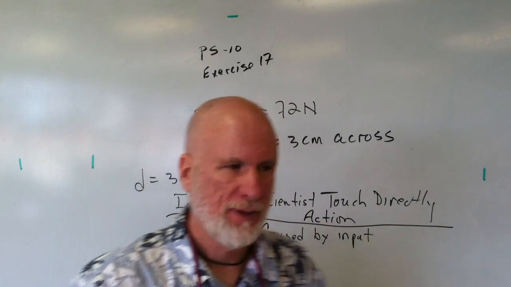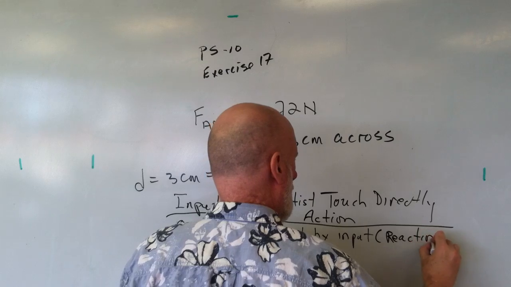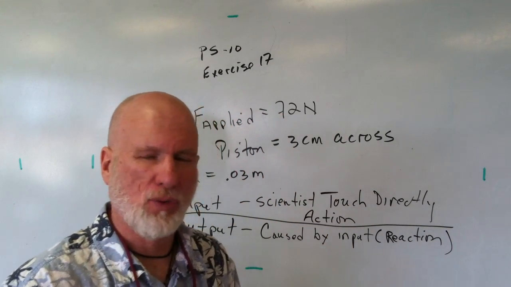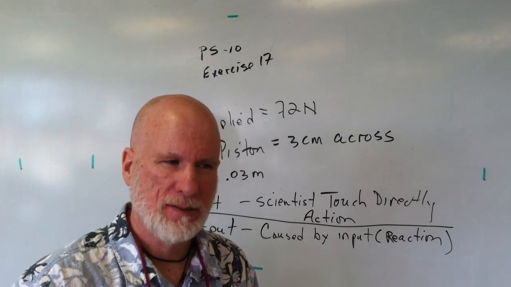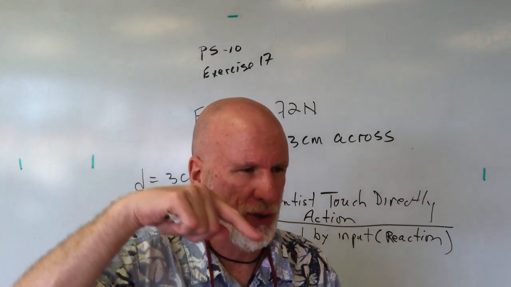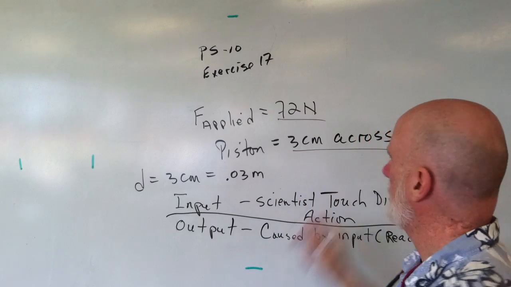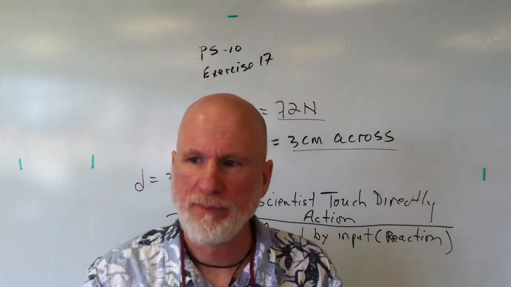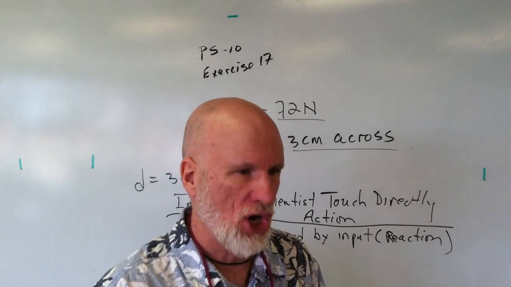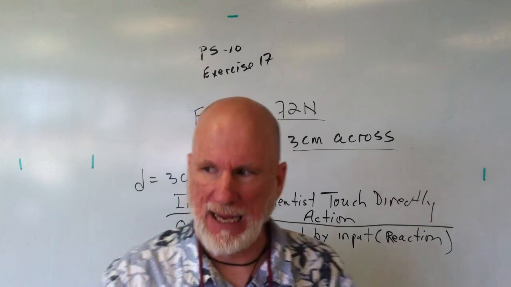Caused by input. It's the reaction. Correct? It is the reaction. Yes? So I'm applying a force to a piston. I'm applying 72 newtons to that piston. Is that Fi and Ai or Fo and Ao? It's Fi-Ai. You get it?